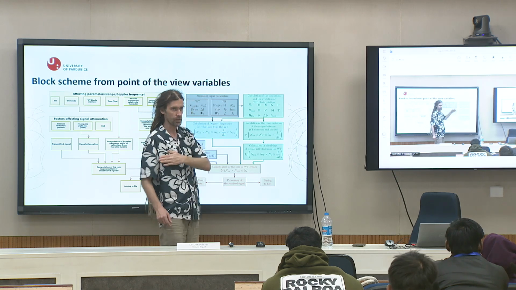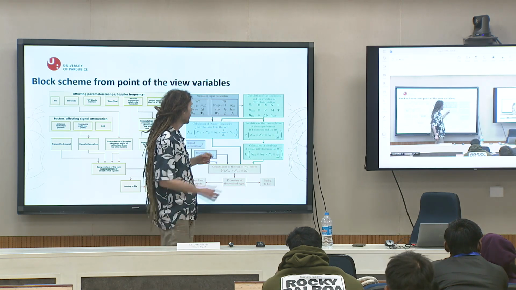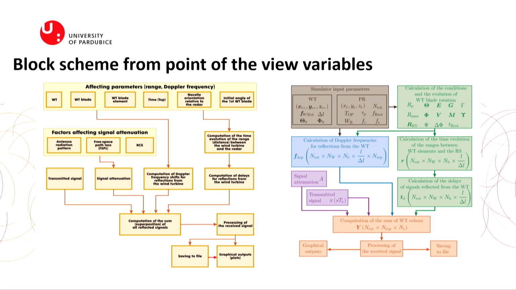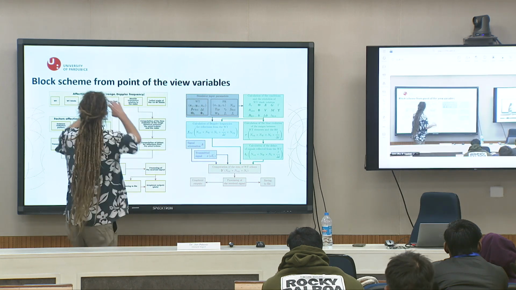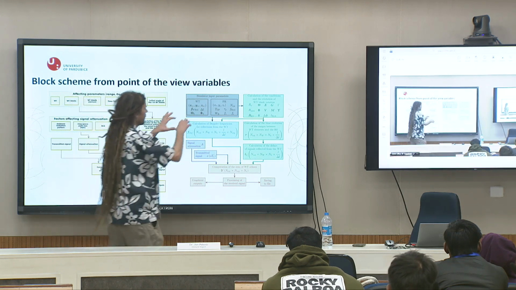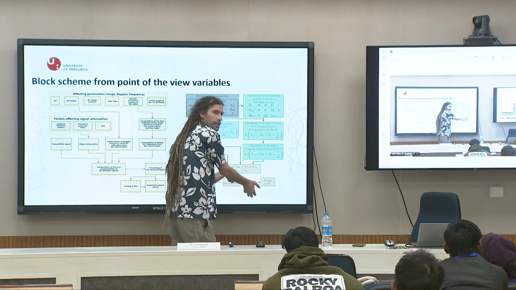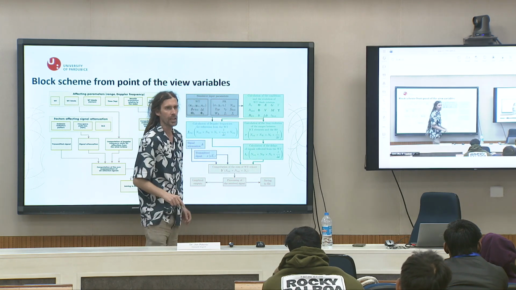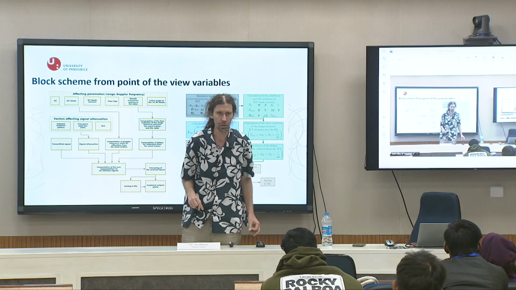FR is rotation frequency, carrier frequency, sampling frequency. Then there is calculation of the conditions and resolution: maximal distance, blind distance, elevation, attenuation, and so on. This is the same as before, but in the variables that we use in our mathematical model.